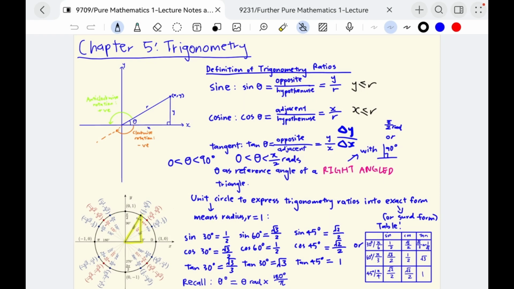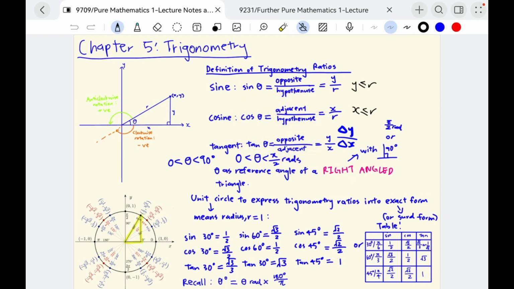Alright, here comes the summary for chapter 5 trigonometry before we end this video. Okay, first, you have to know that each trigo ratio comes from your secondary school knowledge, okay? So I'm not going to explain that much. So sine is opposite over hypotenuse, cos is adjacent over hypotenuse, tangent is opposite over adjacent, okay?